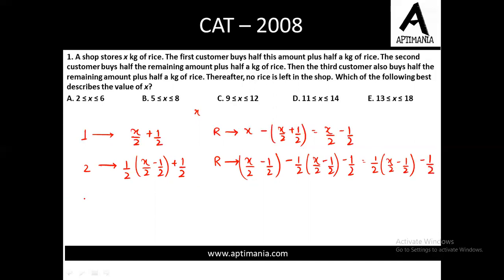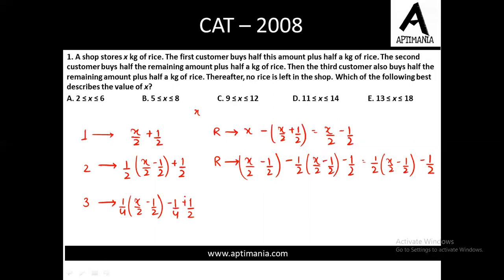Right. The third customer will come in and will purchase half of this quantity. Half of this quantity will be 1/4 X by 2 minus 1 by 2 minus 1 by 4 plus 1 by 2. This is the quantity purchased by the third customer, right?